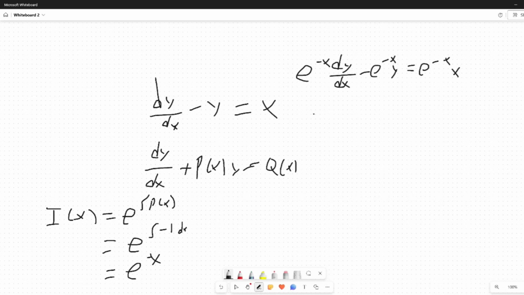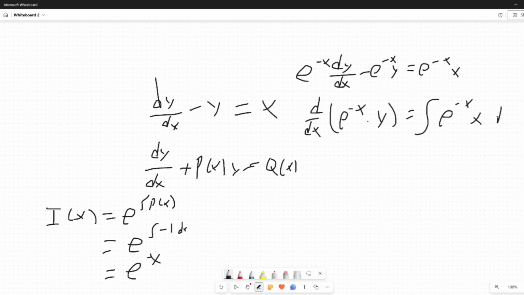Alright, so now we would be getting the derivative version of this left side. So we will have d dx of e to the negative x times y. And then on the right hand side, we would be getting the integral of this entire thing.